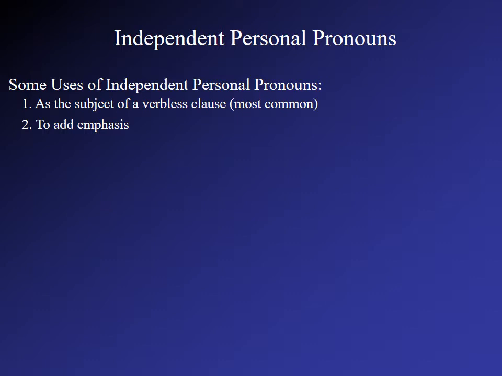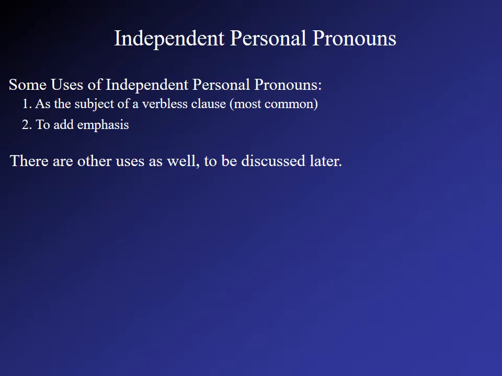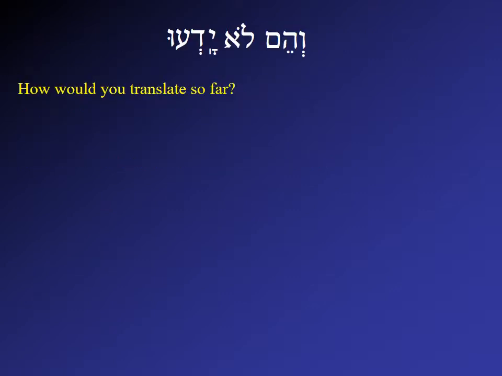A second use is to add emphasis. So for instance, Adonai hu ha-Elohim. The Lord, He is God. There are also other uses as well, which we will discuss later.